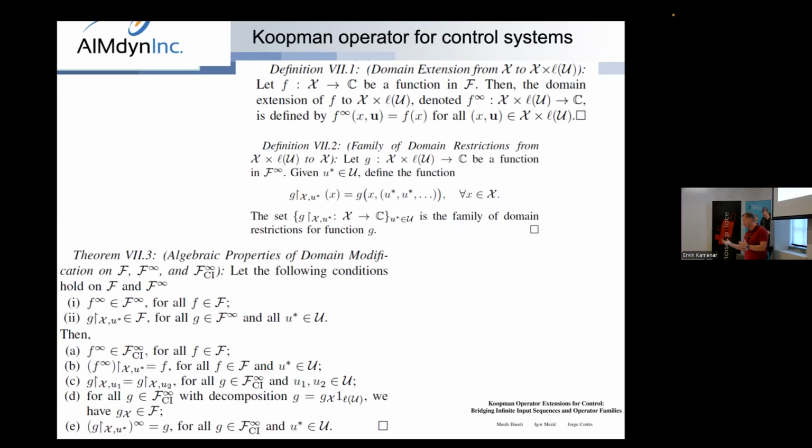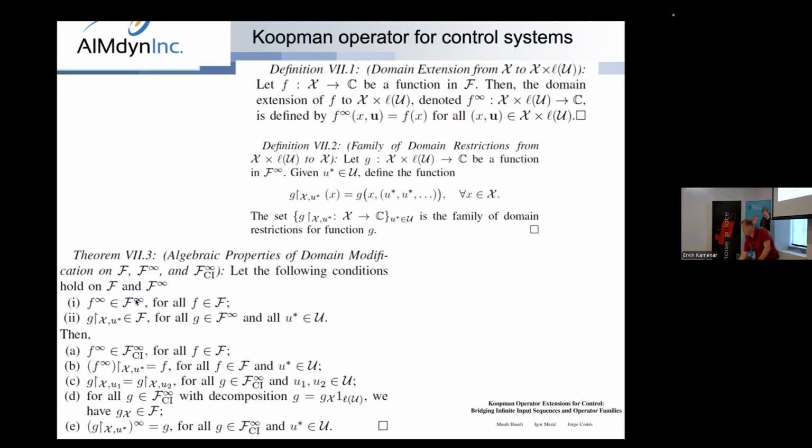All right, so the theorem that comes out is here, and here is the critical assumption. We need that the extension of F, for all f element of F, there is a function F infinity that belongs to this calligraphic F infinity, which is the tensor product space.